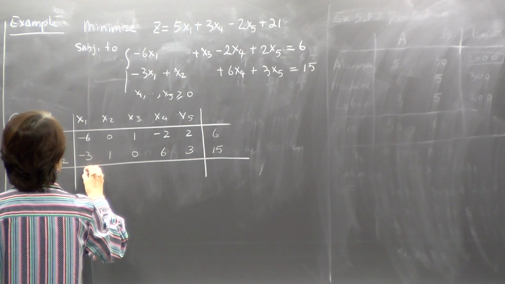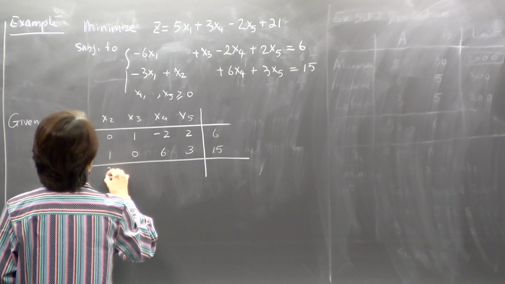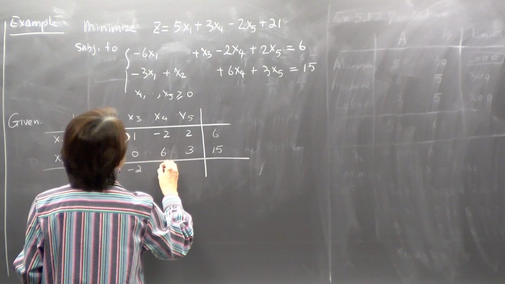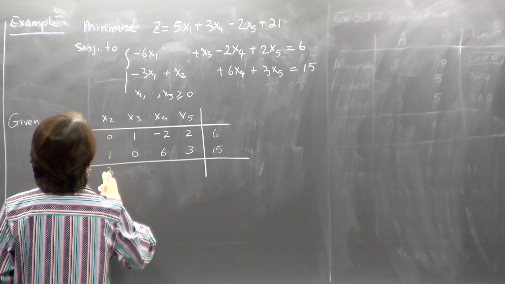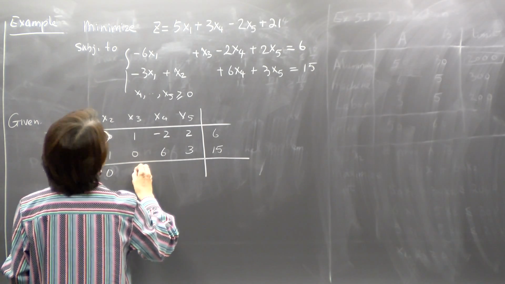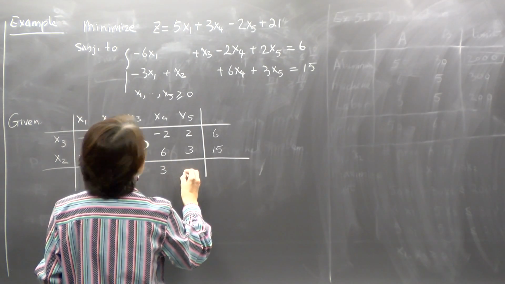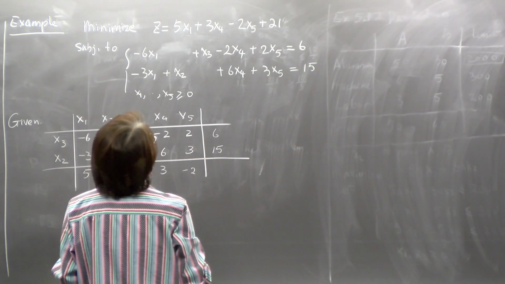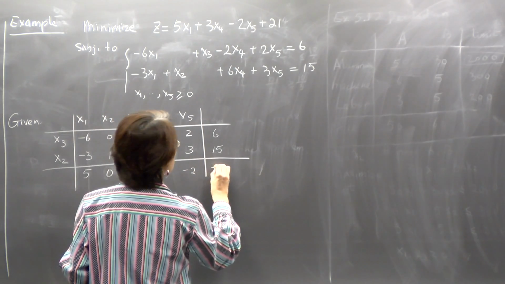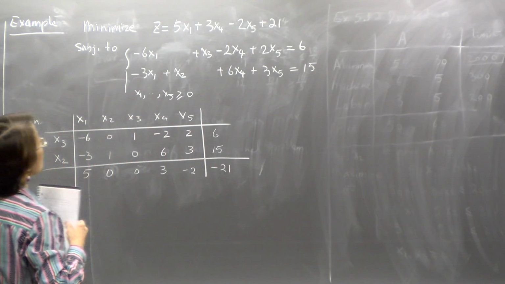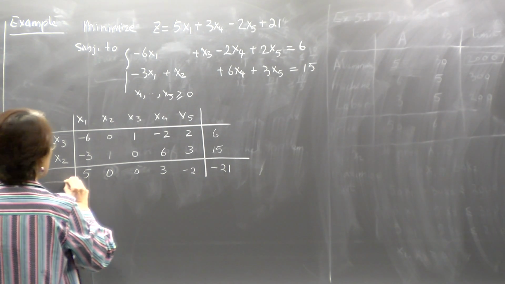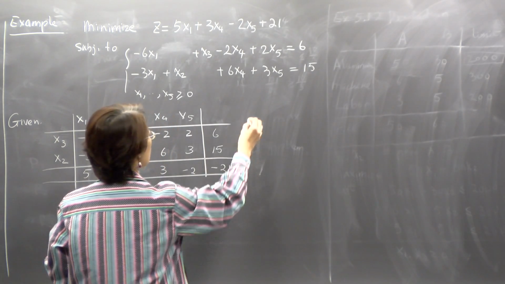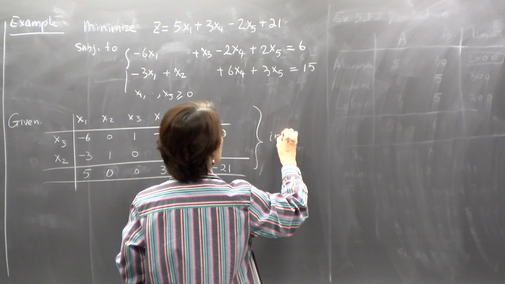And for z, it's 5, 0 here, 0 here, x4 is 3, x5 is -2, and z0 is -21, because you have to move this to the left-hand side. So this will be the initial tableau.